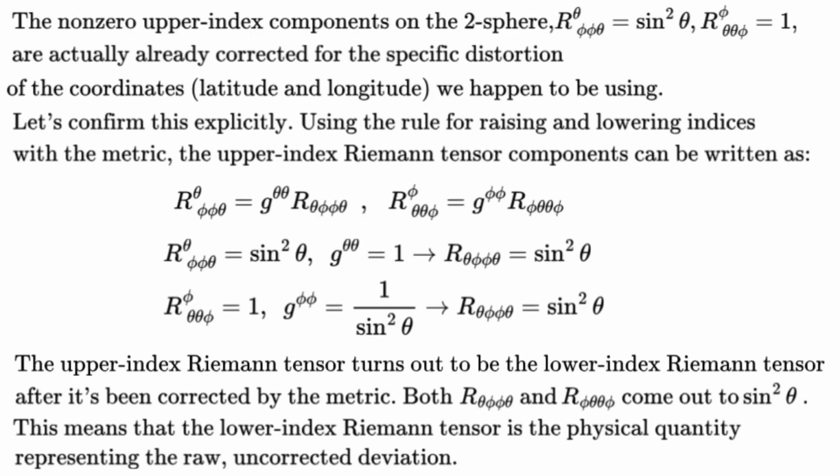The non-zero upper index components on the two-sphere, R theta phi phi theta equals sine squared theta and R phi theta theta phi equals 1, are actually already corrected for the specific distortion of the coordinates, latitude and longitude, we happen to be using. Let's confirm this explicitly. Using the rule for raising and lowering indices with the metric, the upper index Riemann tensor components can be written as follows.